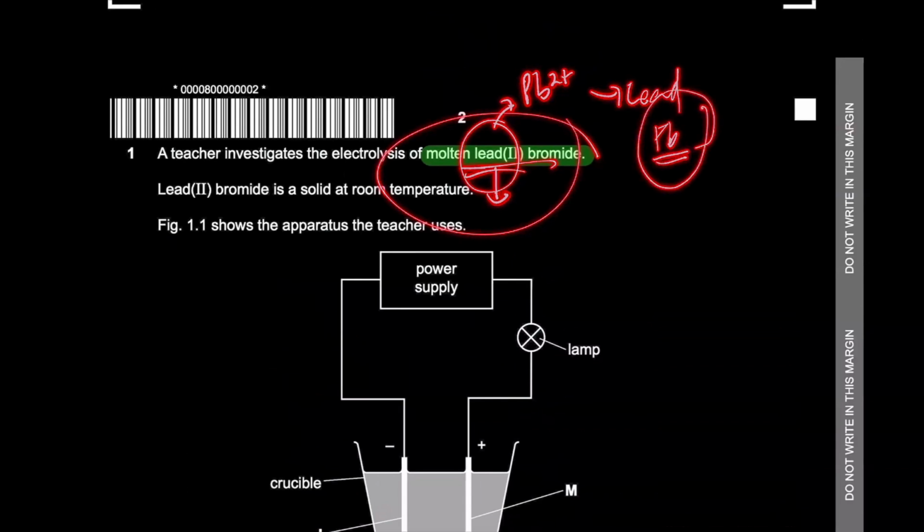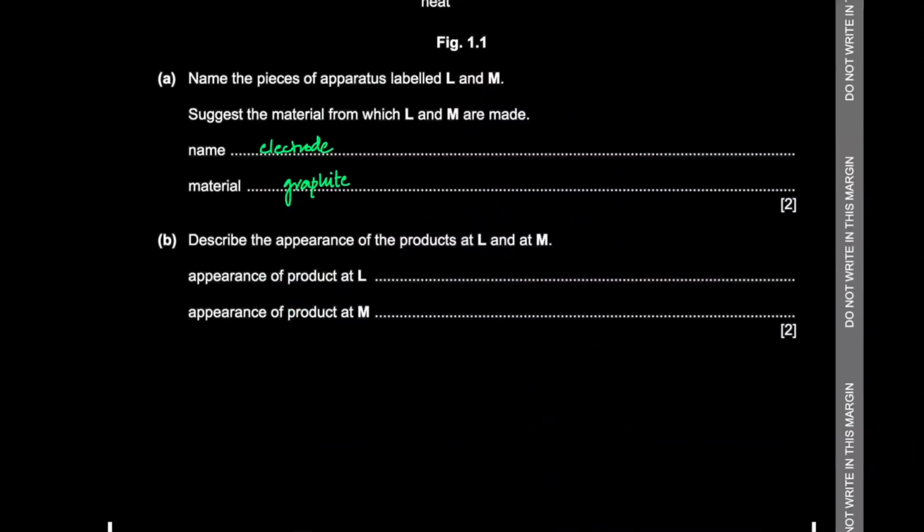So the product at L will be shiny gray or silver solid. Lead is a bit darker in color, it's more grayish.